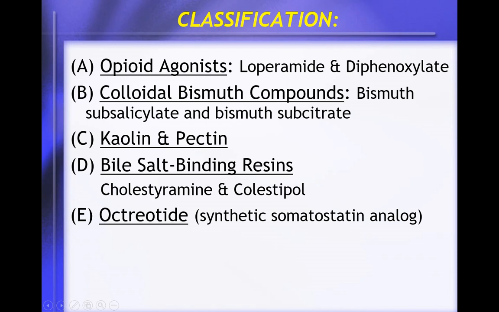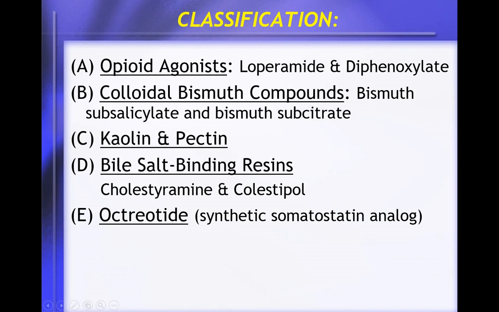The colloidal bismuth compounds make a protective layer over the mucosa. They are used in dry diarrhea, particularly in traveler's diarrhea. Kaolin and pectin are adsorbents. They adsorb toxins, bacteria, and fluids and other things, and they decrease the movement of the intestine.